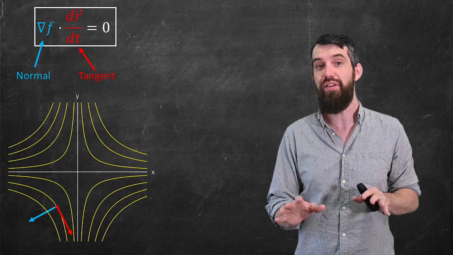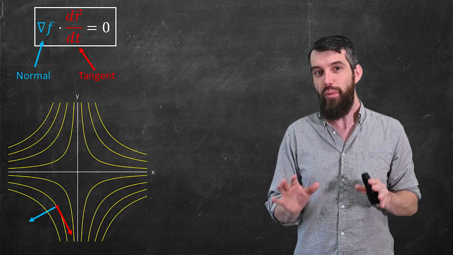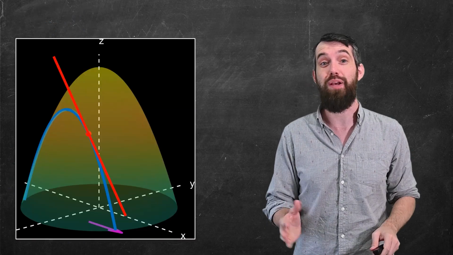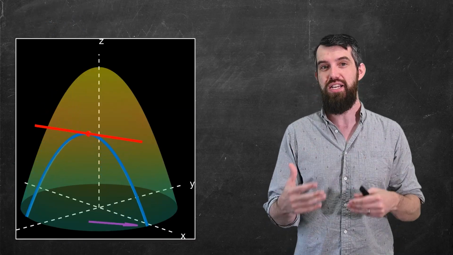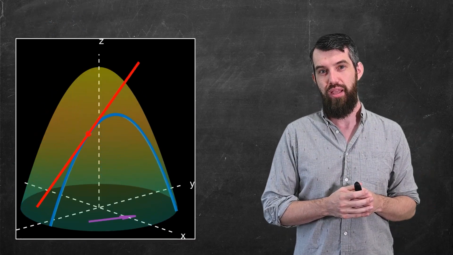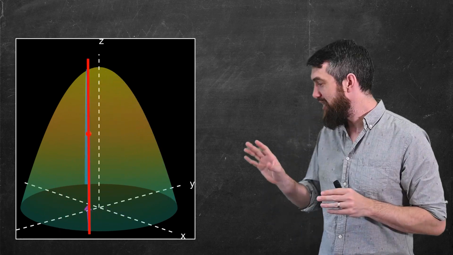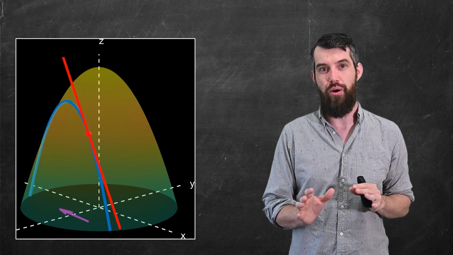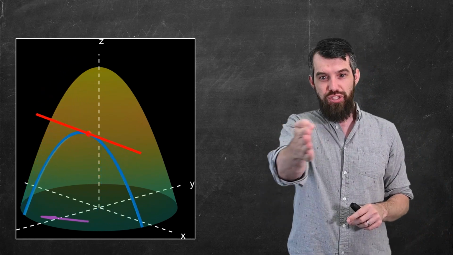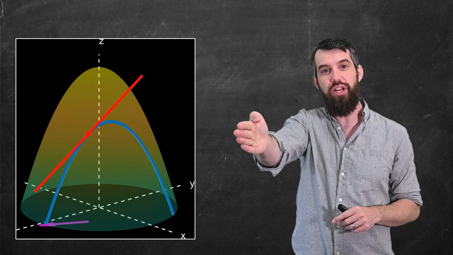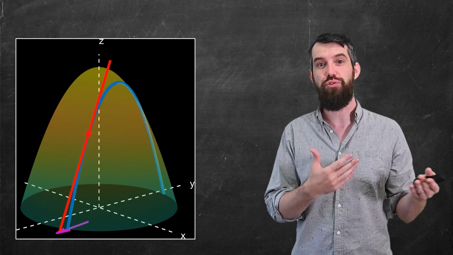But let's dive in a little bit more deeply. And before we can do that, I actually want to remind you of something from a previous video, the idea of a directional derivative. So in this graphic, a lot of things are going on. The first thing I want to pay attention to is the arrow in the base, this purple arrow. This is in the domain. And what it is doing is telling you the direction in which I want to compute a directional derivative.